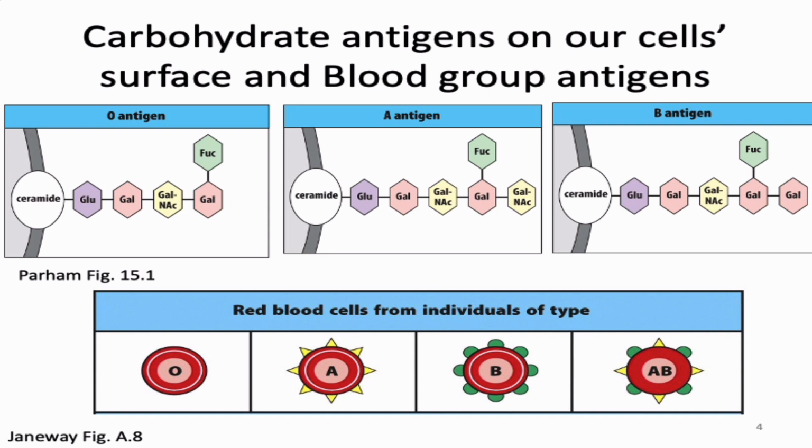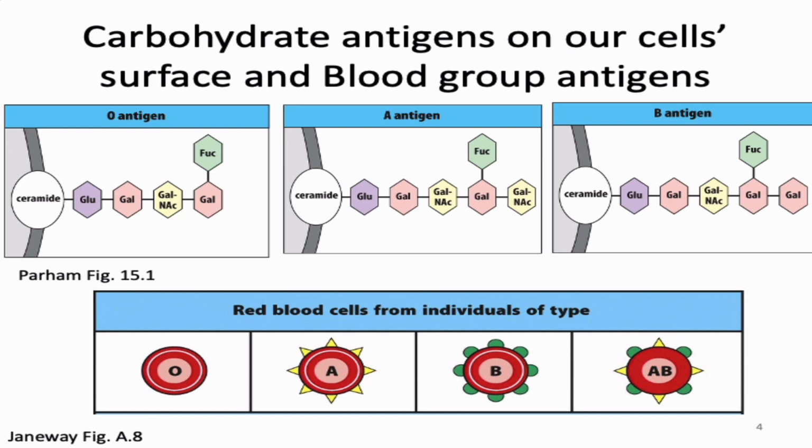Those carbohydrates are shown here. So basically there's this carbohydrate string, and there can be nothing at the end of it or there can be something at the end of it. So it's basically about this terminal sugar, or its lack thereof.